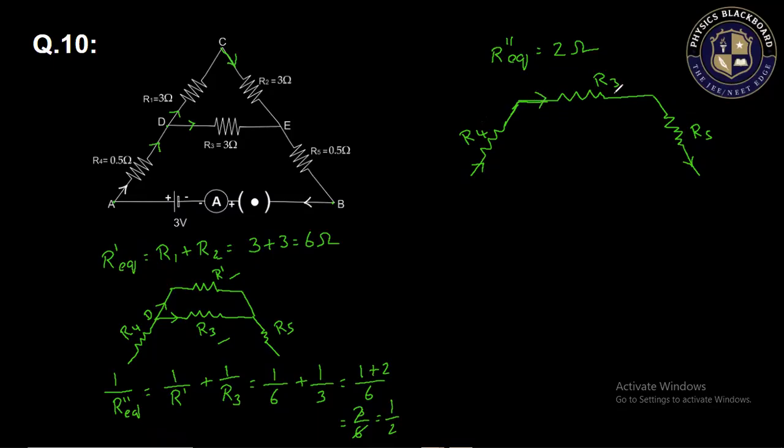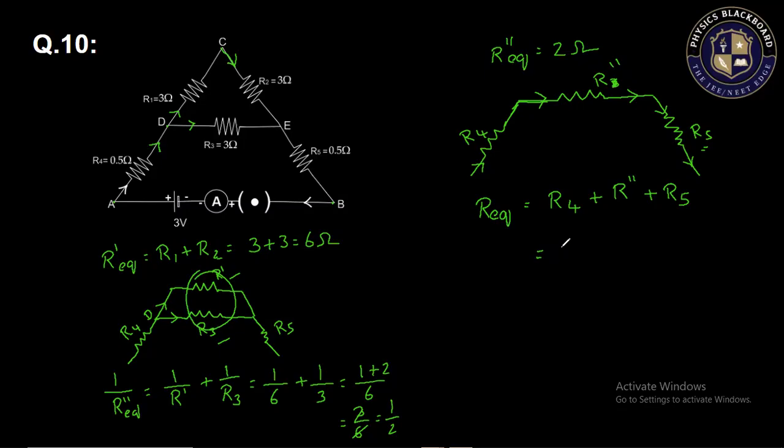Here R3 means R double dash equivalent, so these two together we have taken as one resistor, R double dash. And the same current passes through R5, right? So we can say that R4, R double dash, and R5 are in series connection. So R equivalent is equal to R4 plus R double dash plus R5.